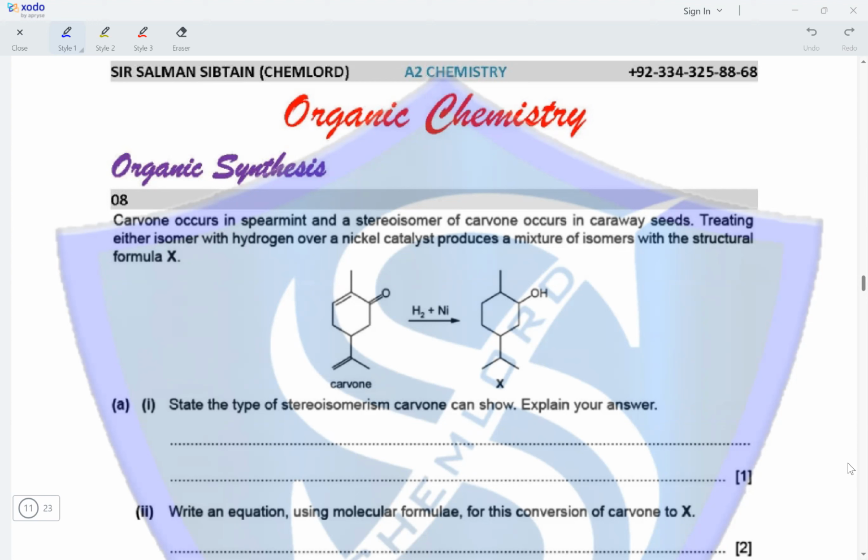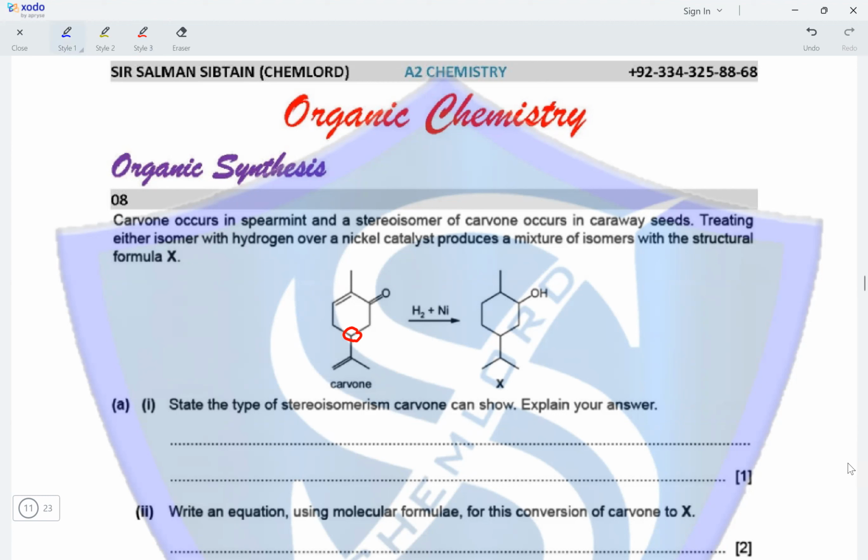So carvone has a double bond present, but it is in the form of a cyclic compound, so it cannot show geometric isomerism. However, it does have a chiral carbon atom present, circled in red. So since it has a chiral carbon atom present, it can show optical isomerism.